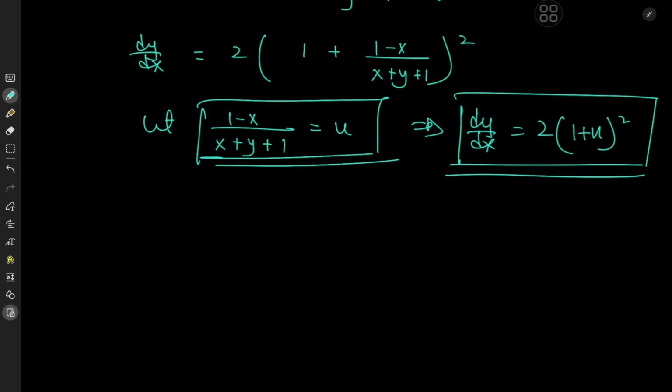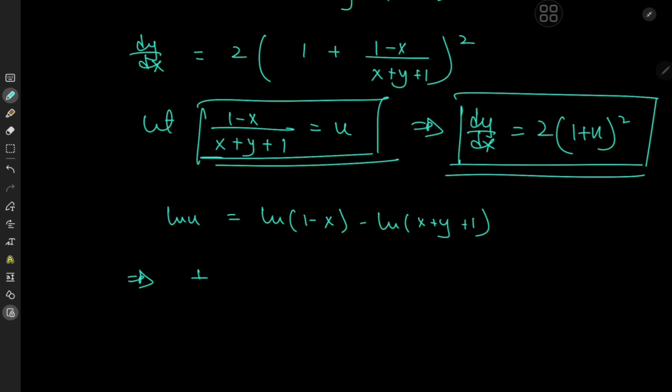I'm going to differentiate this equation for u in terms of x and y with respect to x. But the problem is I avoid the quotient rule like the plague. So we're going to make use of logarithms. We have log u equal to log(1 - x) minus log(x + y + 1).